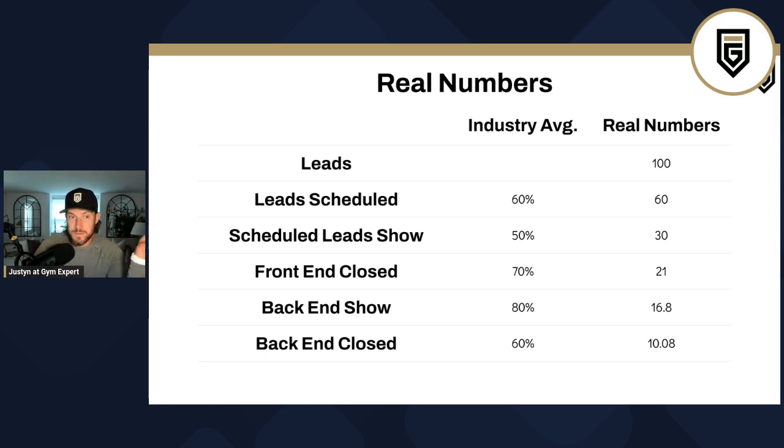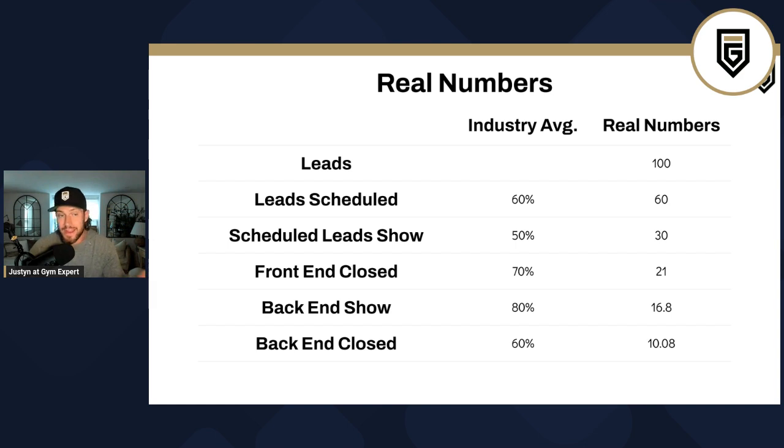So they go from being prospects to now being in our system officially as trial members. So we're at 21. Now, at the end of the 7-day trial, of course, we have our back end meeting or our feedback meeting. And the show rate on that, because we have such an engaged, qualified lead at this point, since the likelihood is they've done at least 3 classes with you, is going to be very high.